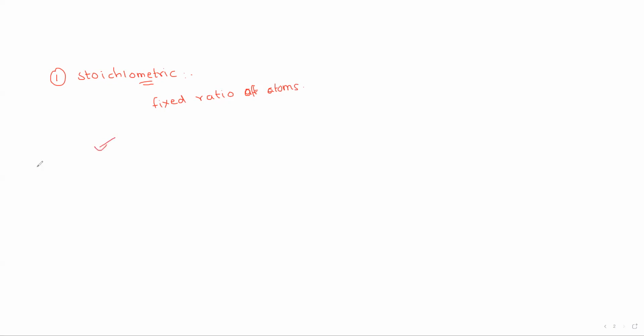So first is vacancy defect. For this, I will draw a diagram of a solid crystal. Let's say this is a crystal and these are the constituent particles of that crystal.